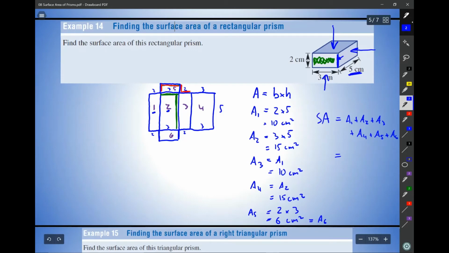All we need to do now is fill in our numbers: 10 plus 15 plus 10 plus 15 plus 6 plus 6. So our answer is 62 centimeters squared. That gives us the area of all the sides of this rectangular prism.